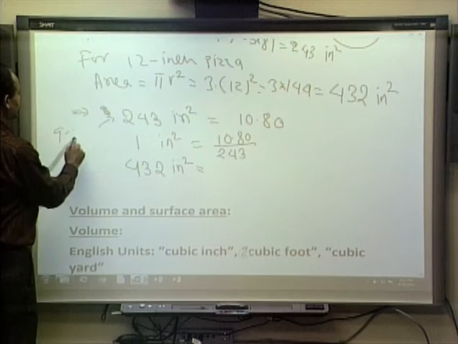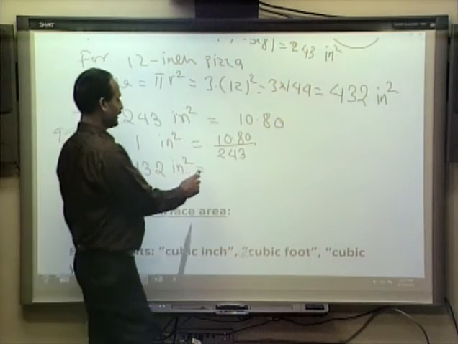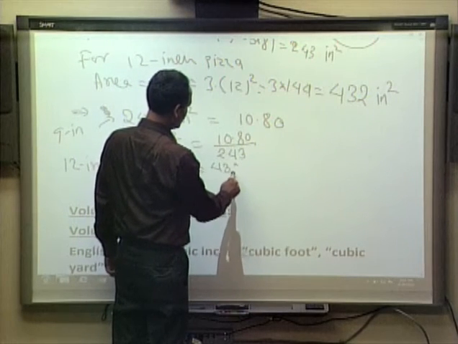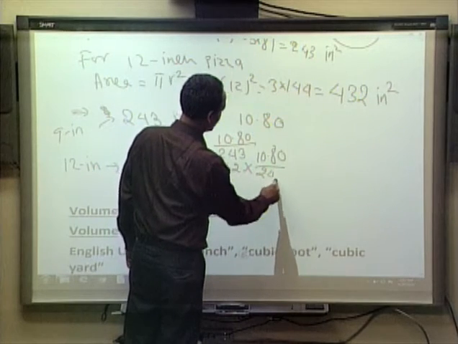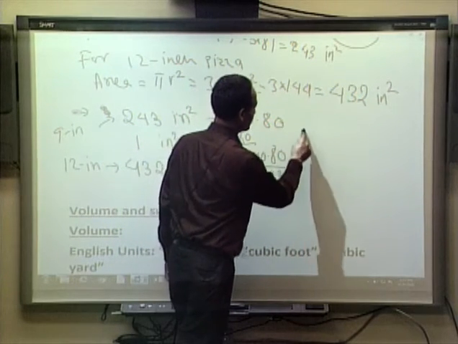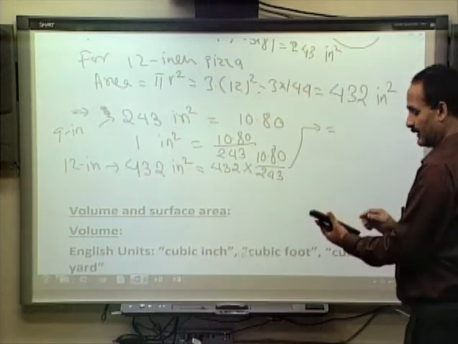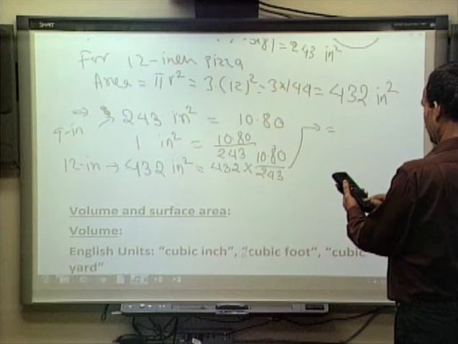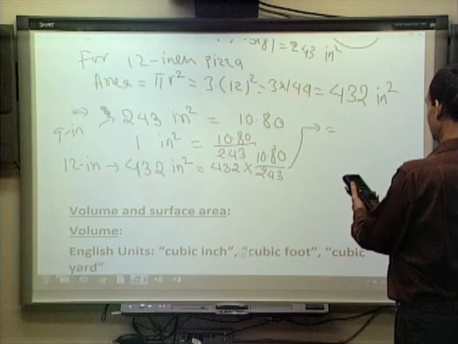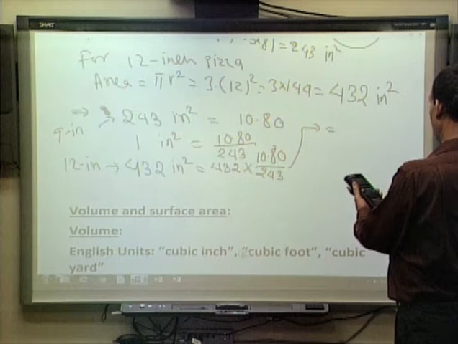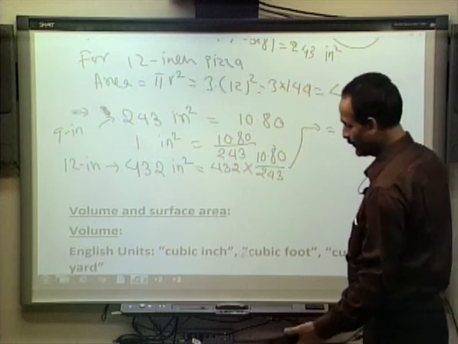So, this will be equal to 432 times 10.80 divided by 243, and this will be equal to 19.2.